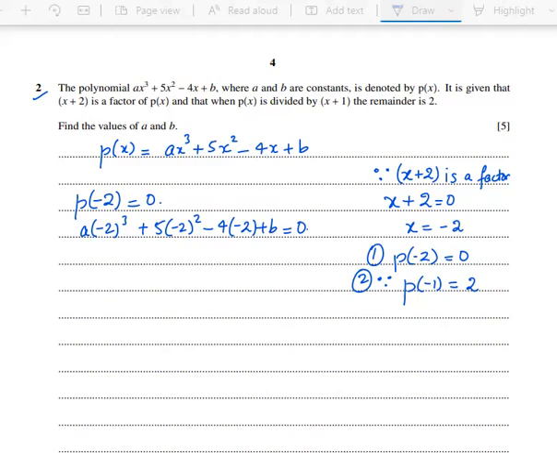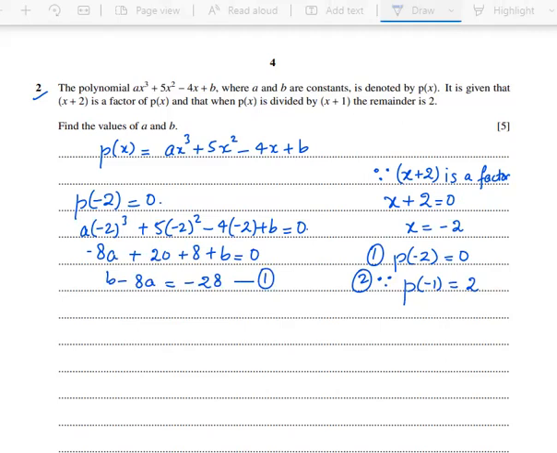Okay, now minus 2 cube is nothing but minus 8, so this becomes minus 8a. All right, then 5 into minus 2 square is 5 into 4, which is 20. Minus into minus becomes plus, so this becomes plus 8, plus b equals to 0. Right? So we finally have b minus 8a is equals to minus 28. This is our equation 1.